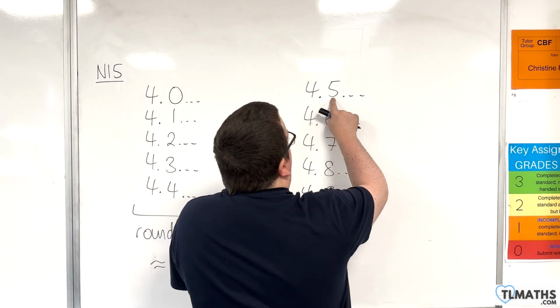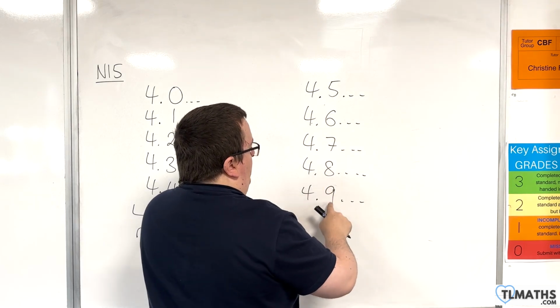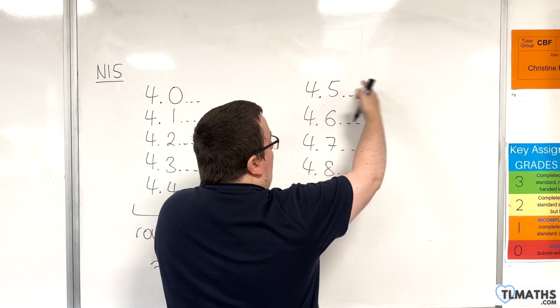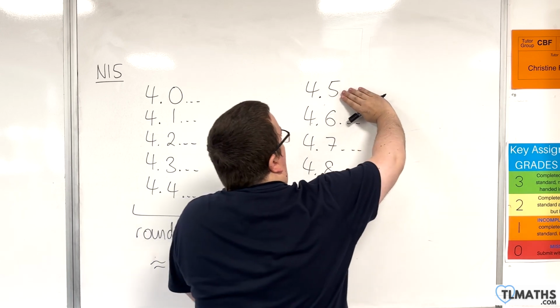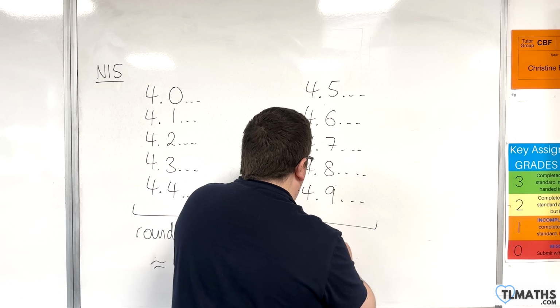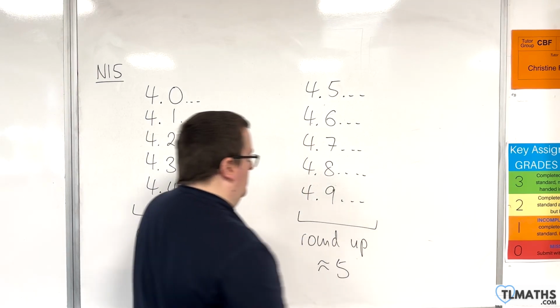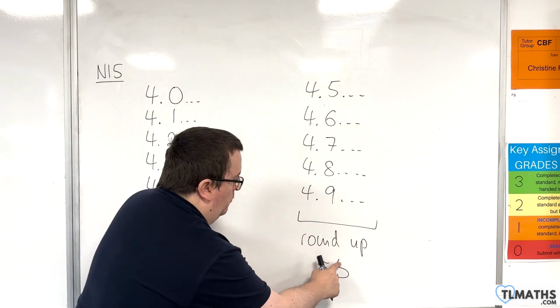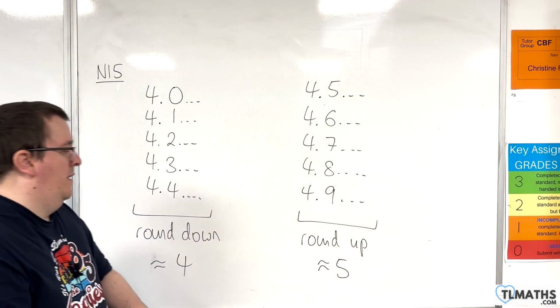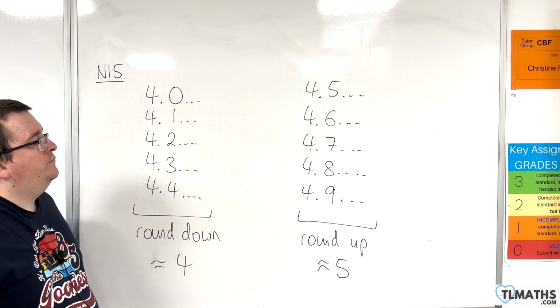Whereas if the number to the right of the decimal point is 5, 6, 7, 8, 9, with anything to the right hand side, it could just be 4.5, okay? Then in this case we round up. So these would all be rounded to 5, to the nearest whole number.